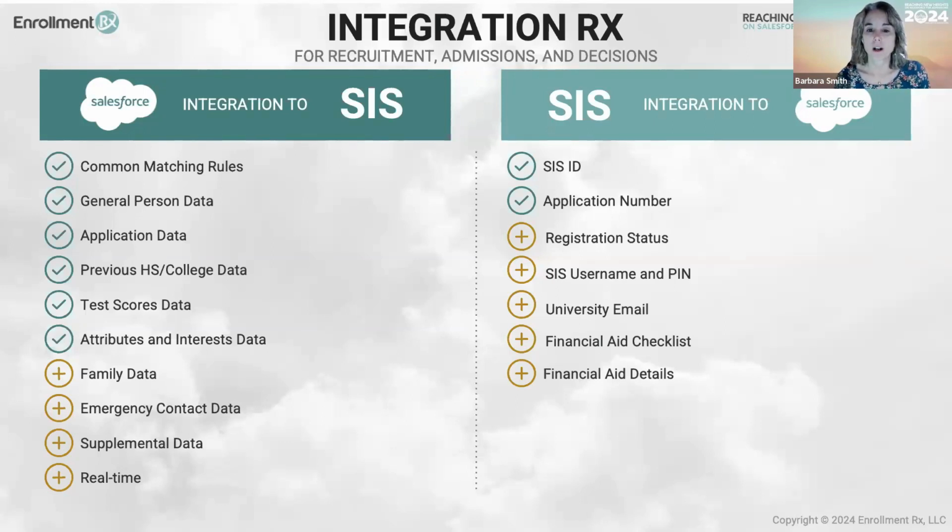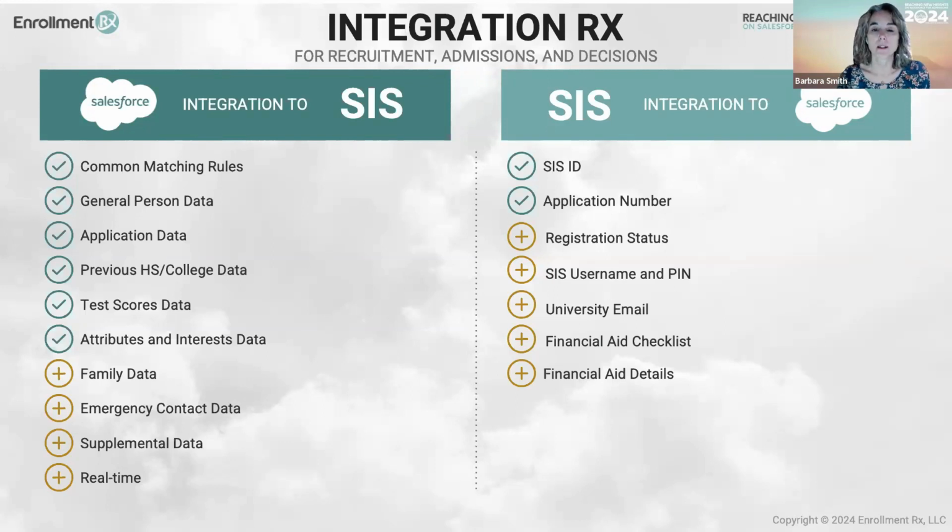So our community colleges, that's a very normal process for them, that they want this to happen as soon as possible. So in those cases, at least when we do the matching, does that person already exist in my SIS, or are we creating a new person? That can happen on a real-time basis.